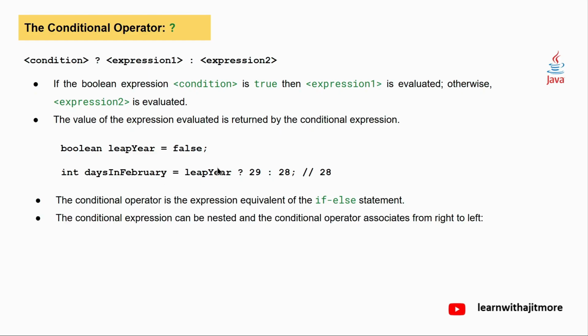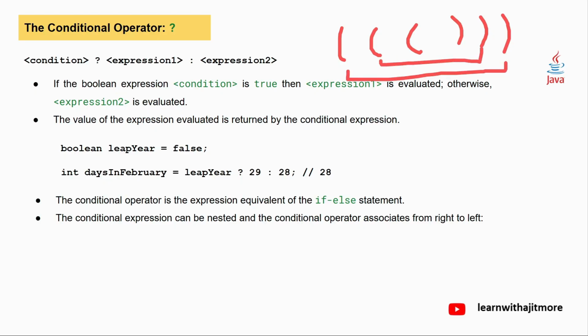And if you have nested, where expression 1 is again a conditional and expression 2 again is a conditional, then the matching is from the right side. It is like the bracketing rule. Whenever we put any brackets, you know it: for the first bracket, the last one is matching, for the second, the second last is matching.